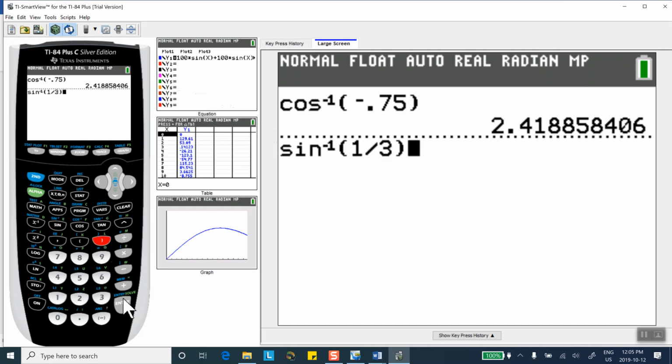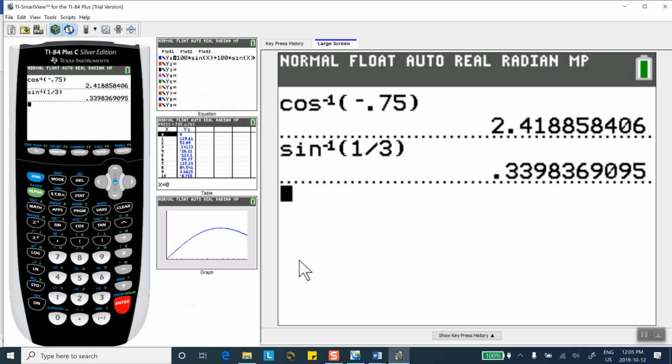Again, I'm getting my answers in radians. So here, you have to keep 5 digits after the decimal, which means up to this 3. But because the number next to it is 6, when you round it, it becomes 0.33984. Okay?